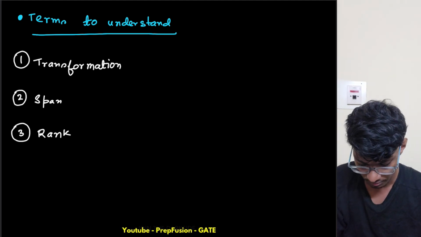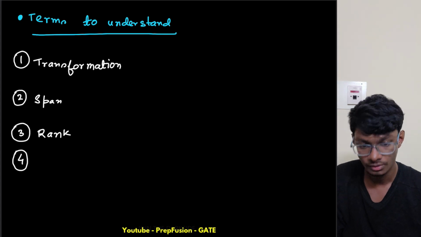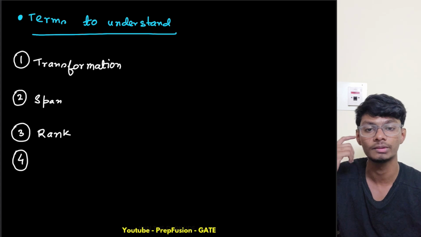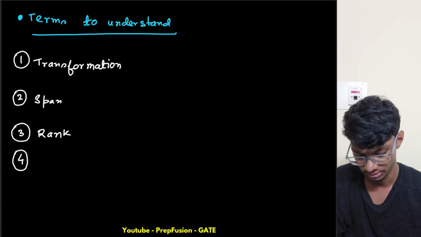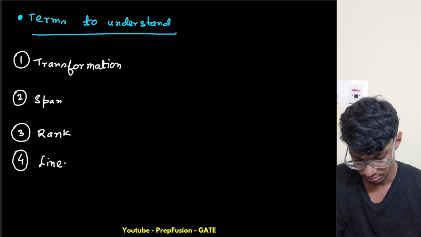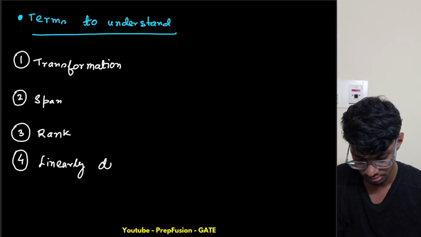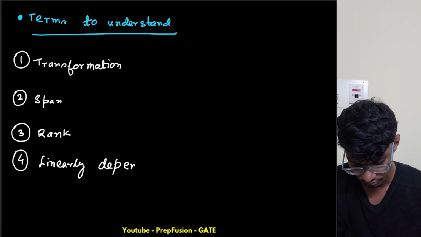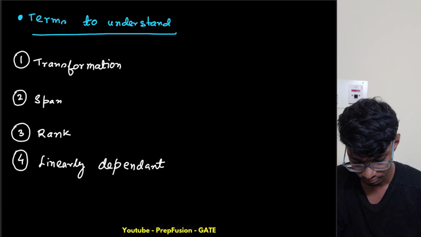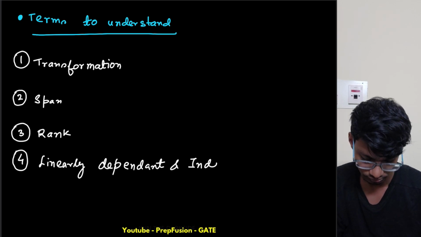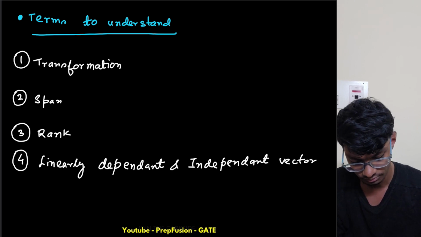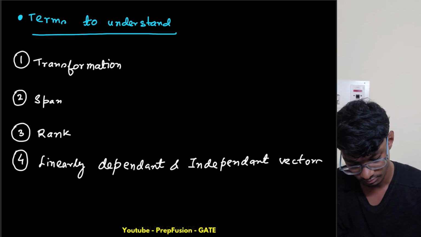And fourth is basically what are linearly dependent and independent vectors. What do you mean by linear dependence and independence? Linearly independent vectors.